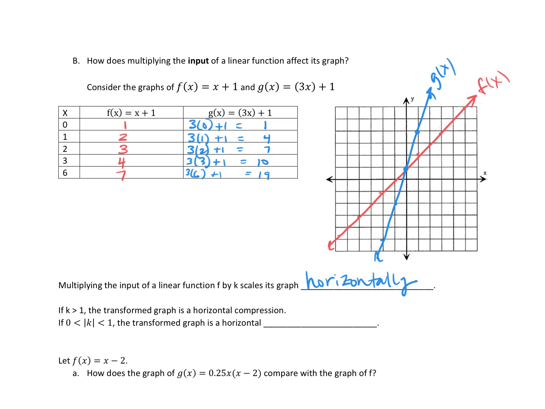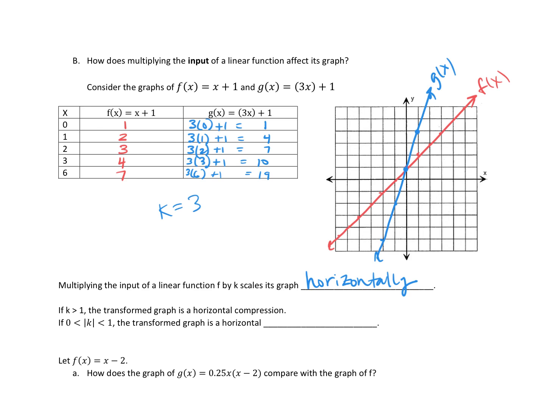That kind of makes sense. If you are going to multiply the input, which is your x's, by something, it will affect the x's. If you multiply the output, the y's, it will affect the y's vertically. If k is greater than 1, the transformed graph is a horizontal compression. Our k value was a 3, by the way.